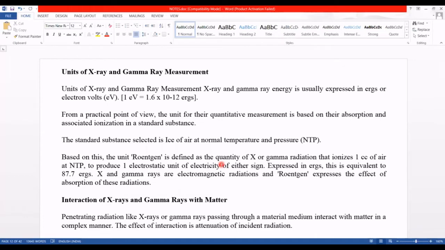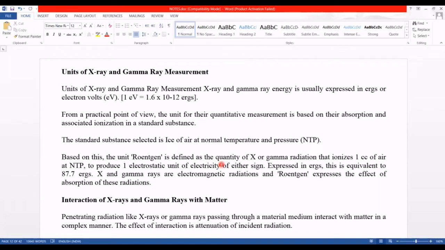Roentgen. This Roentgen is the unit that expresses the absorption capacity of this radiation. Because in radiography, if you expose the matter to the radiation, the radiation penetrates into the material, and after penetrating, the radiation falls on the radiographic film.